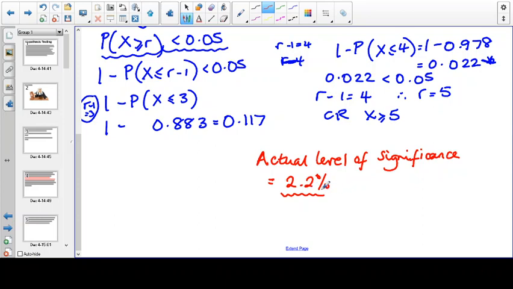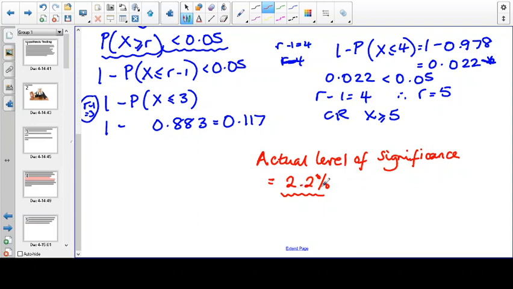And this value here is the chance of wrongly rejecting the null hypothesis. So we're trying to show if we can reject the null hypothesis. So for example, if it was a game that you played 6 times and someone won 5 times or 6 times, then you would conclude really that they've cheated, if we refer it back to the original, but there's a 2.2% chance that you're wrong.